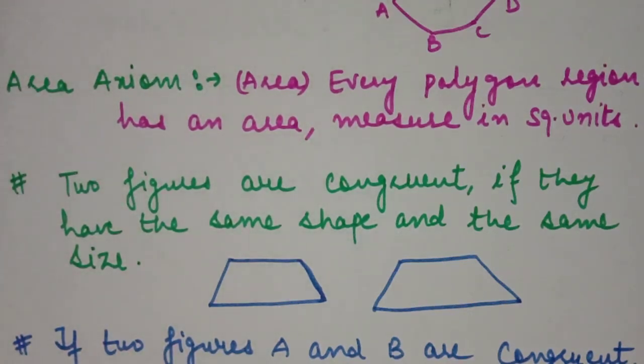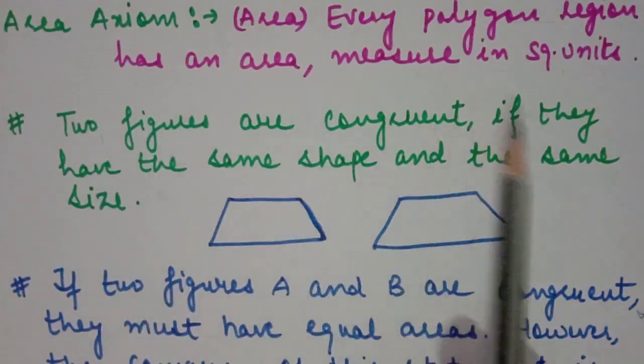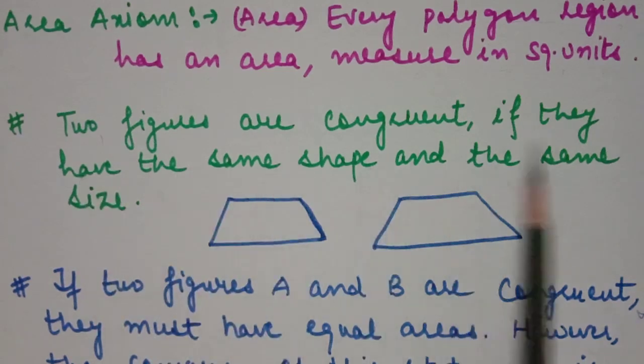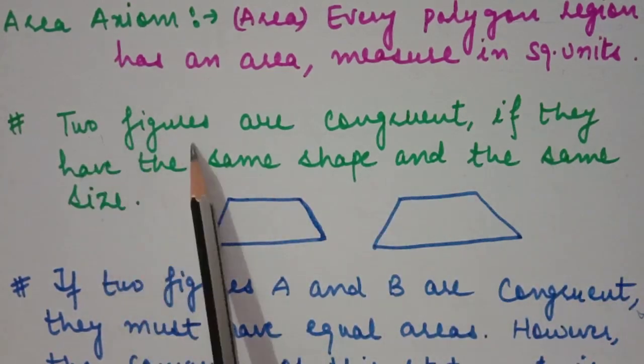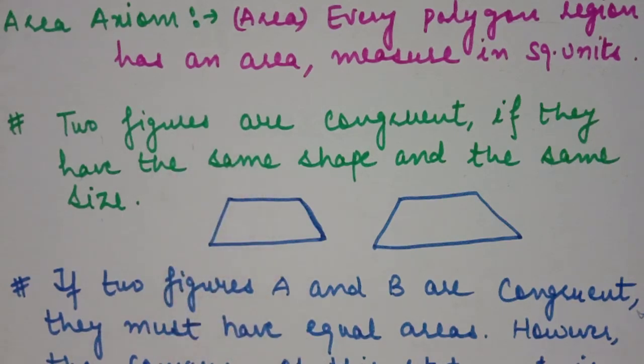We have so many different types of axioms like the congruent area axiom, and we know about congruent figures. Yes, it is related to your 7th chapter, Triangles. In the 7th chapter we read about all these congruencies. Let me recall your concept. Two figures are congruent if they have the same shape and the same size. If two figures are similar to each other only in their shape, then they are not congruent.